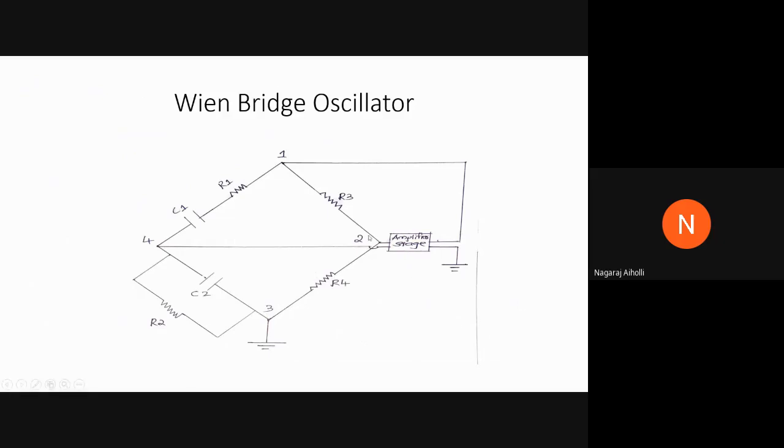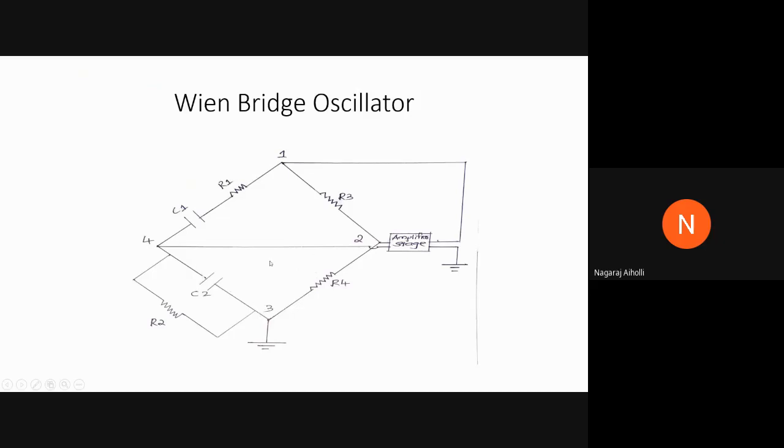The amplifier stage we saw in the last class when we discussed the RC phase shift oscillator. The output of the amplifier stage is applied as input to the feedback network, between terminals 1 and 3.